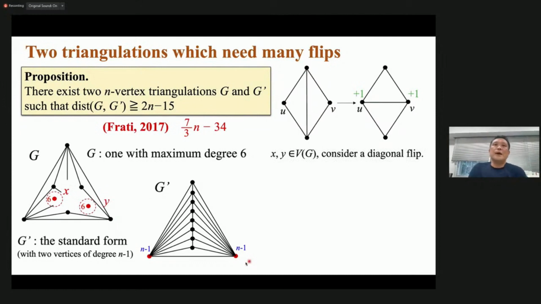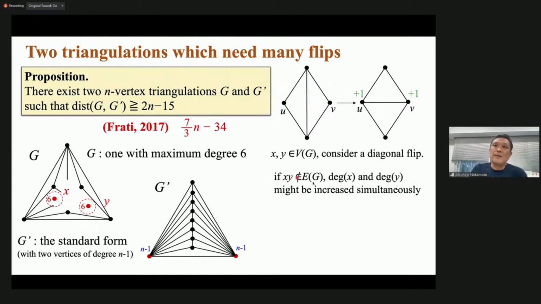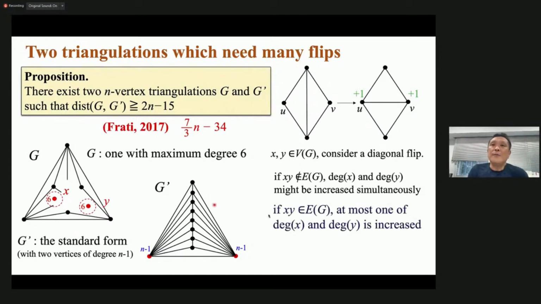If x and y are not adjacent, then degree x and degree y might be increased simultaneously. But if degree x and degree y are increased simultaneously, then in the resulting graph, x and y are adjacent. And if x and y are adjacent, then we cannot add edge xy anymore.